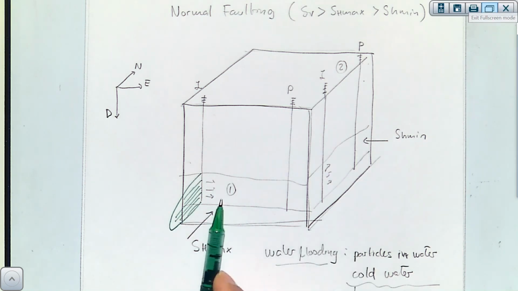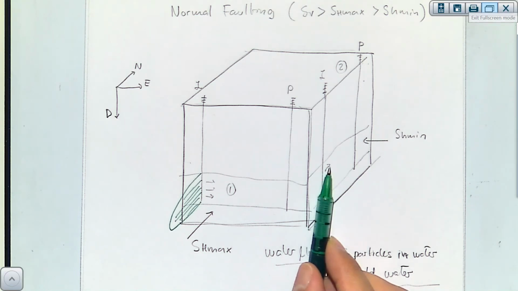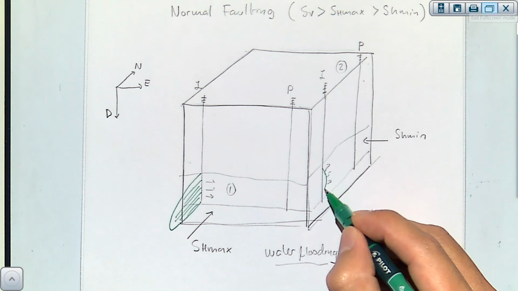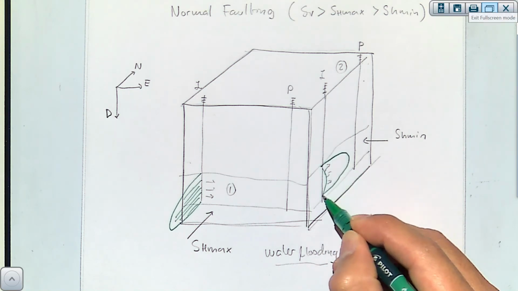And in this case, if you had a fracture growing out of this injector, let's call it injector number 2, it will start here and it will grow like in this direction.